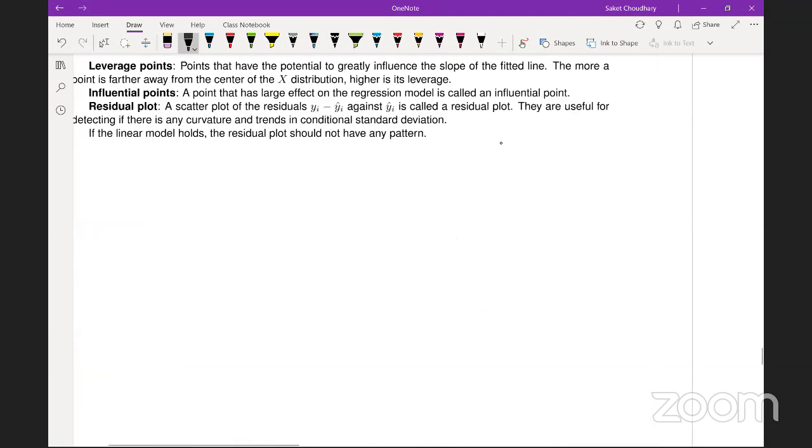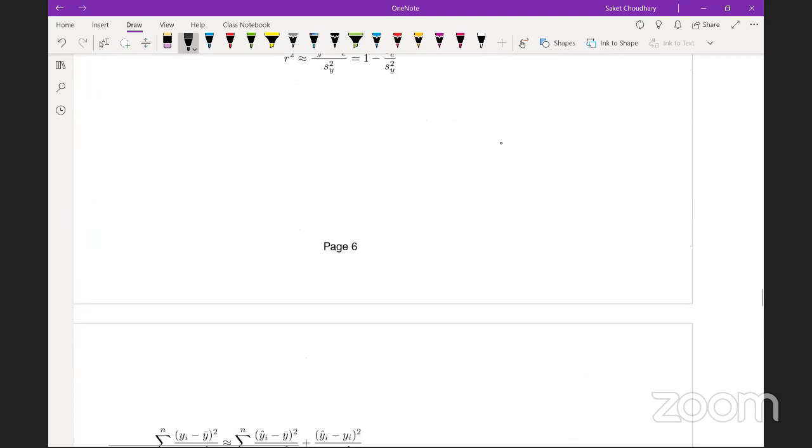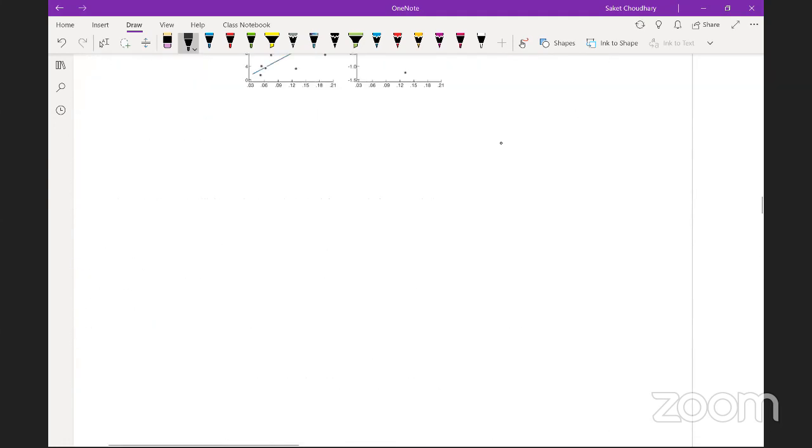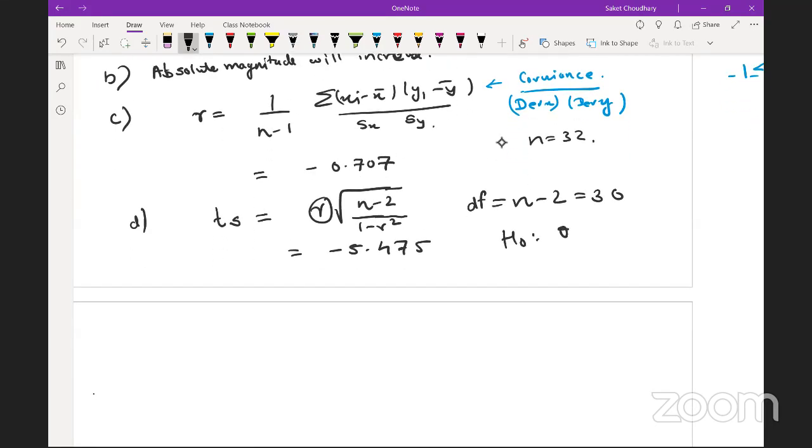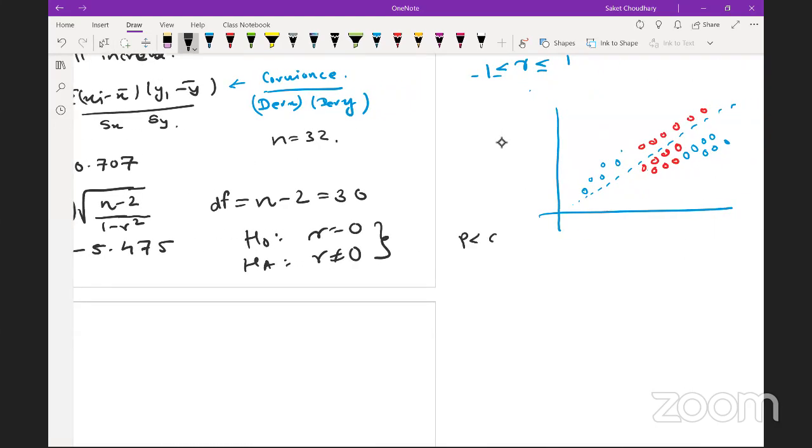Now, I did not specify the alternate, but the alternate by default generally for the hypothesis that's being tested is this: your H naught is r equal to 0, your HA is r not equal to 0. And hence the p-value that we get needs to be multiplied by 2.